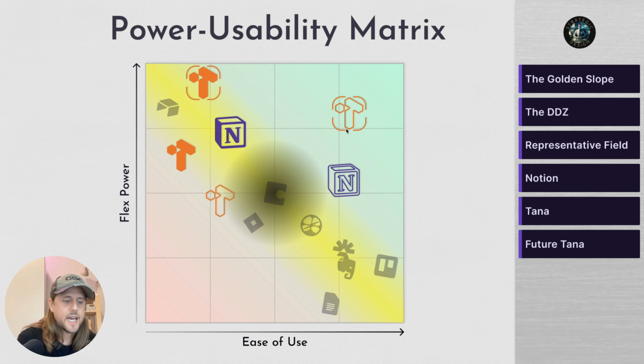Realistically, that only happens when a product is able to transcend its category. So this is a way of me saying that I believe that Tana has the capability to be a transcendent software tool.